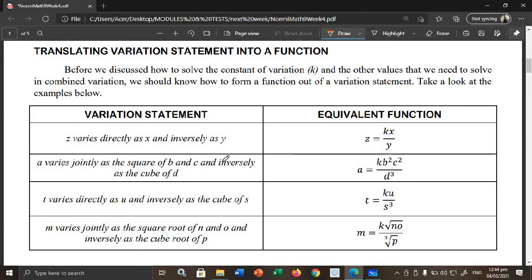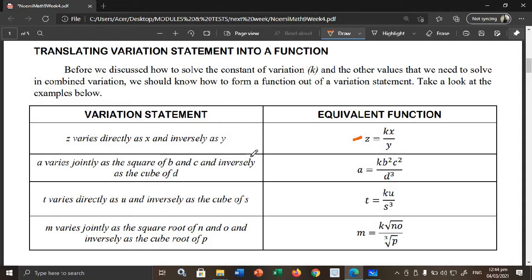When we talk about combined variation, the function that you form is a fraction. The right side of the equation specifically is a fraction, because there is an inverse variation. So we write z is equal to kx over y, because x is directly proportional to z, and y is inversely proportional to z, so it is in the denominator.